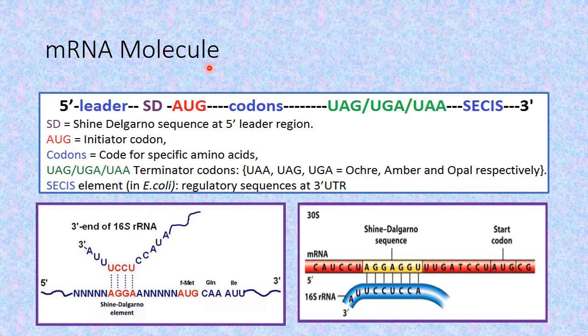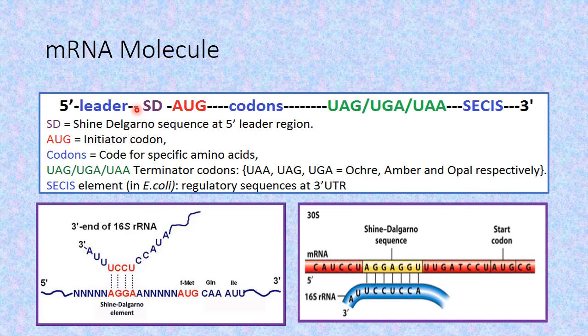So the messenger RNA molecule that is transcribed on the genetic material, that is the DNA molecule, has certain specific regions. At the 5' end, we know there are certain UTRs, that is untranslated sequences. This is the leader sequence, and this 5' UTR has a specific consensus sequence of nucleotides, and that is known as the Shine-Dalgarno sequence.